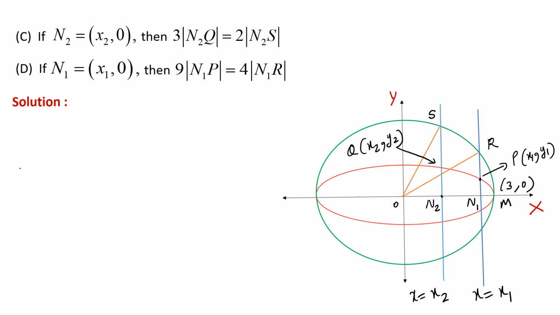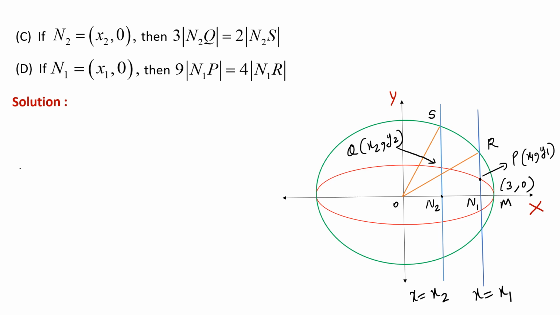We have an ellipse x square upon 9 plus y square upon 4 equal to 1, which is intersecting the positive x-axis at the point M (3, 0). O is the origin and there are 2 points P and Q lying on this ellipse.